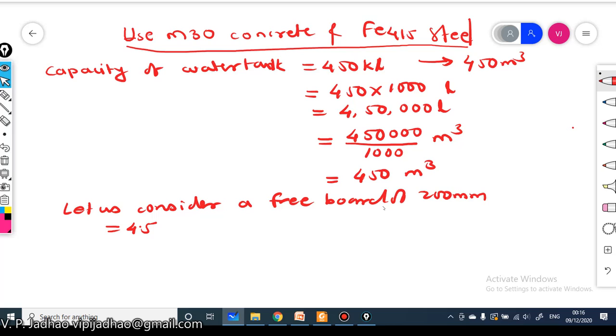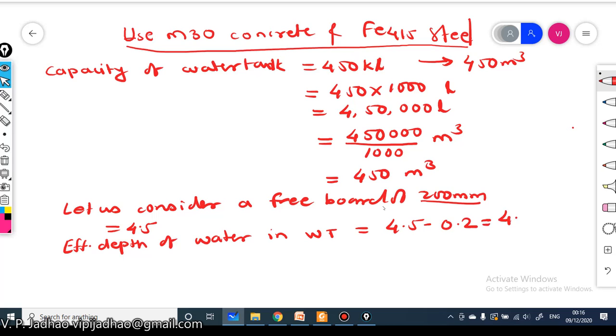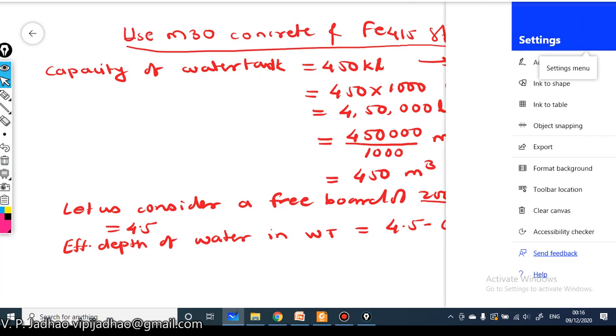Therefore, the effective depth of water in the water tank, as freeboard is 200 mm or 0.2 meter, will be equal to 4.5 minus 0.2 meter, that is equal to 4.3 meters.